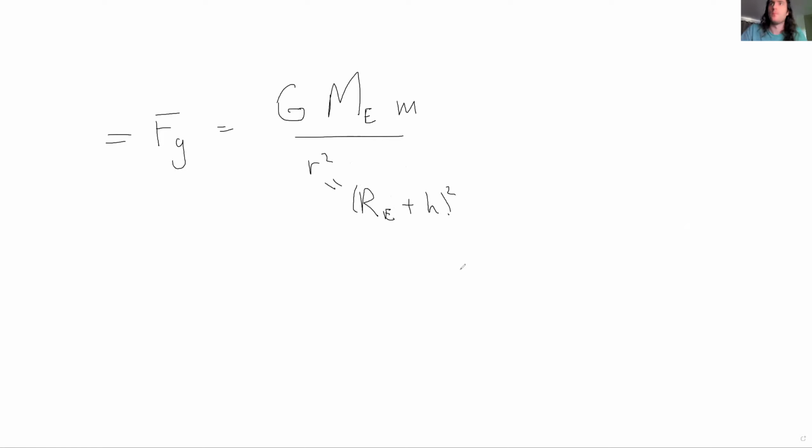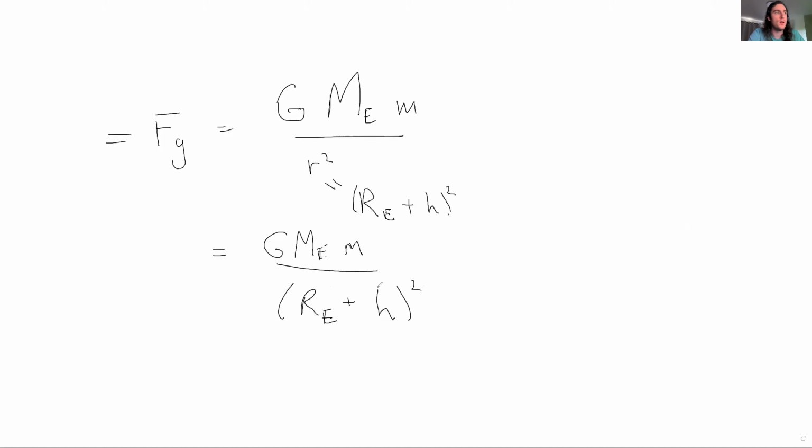Okay? And when we do that, let's write it out in steps here. My mouse is kind of giving me trouble again. When we do that, what we see is that we can factor out a radius of the Earth here.